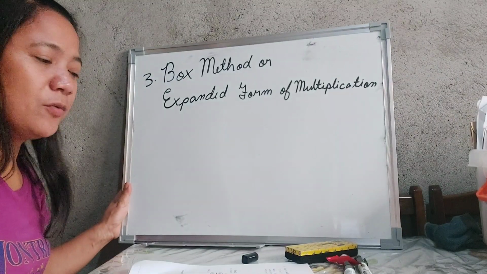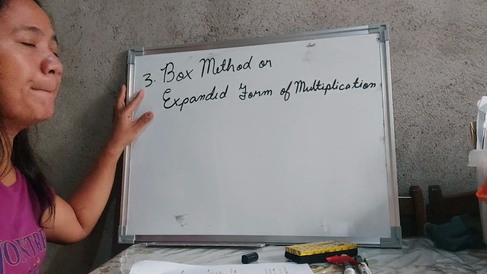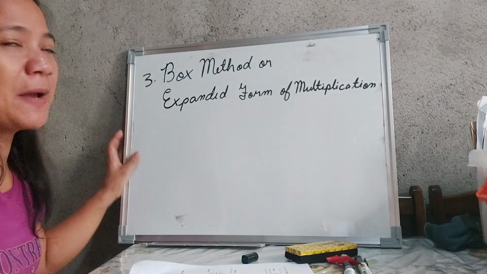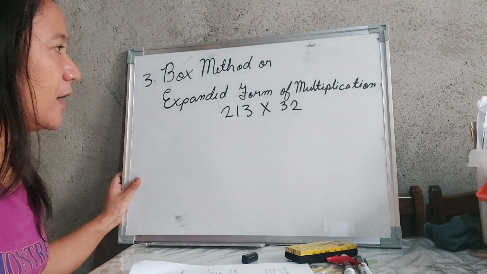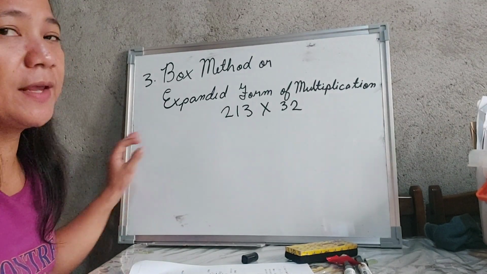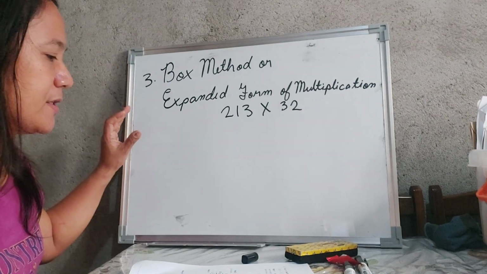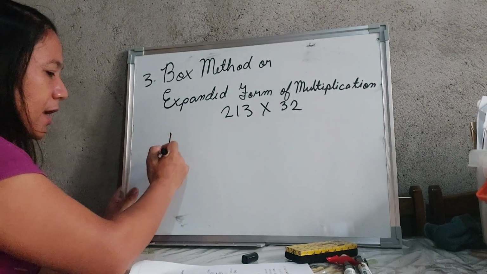And the number 3 way in solving a problem is the use of box method or expanded form of multiplication. Again, we will use the same data, 213 multiplied by 32. In the first step, we will create or draw a table.